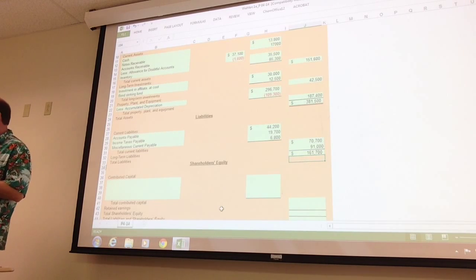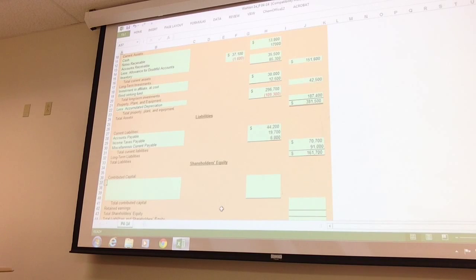So that gives us total liabilities of $161,700. Contributed capital, this also is, if you go down to number 8, it says they have common stock, a $10 par value, 10,000 shares authorized and 1,000 shares issued at a price of $13 a share.